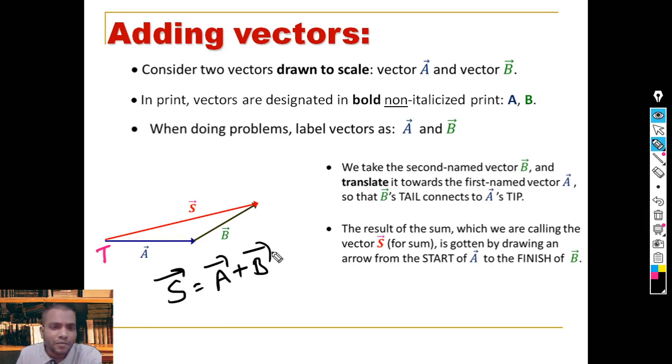This is the way to add two vectors without using any laws. Later we will introduce some laws, and with the help of some rules and laws, we will add very easily. This method is known as the head and tail method.